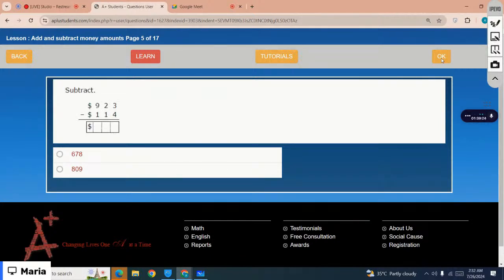Okay, the next one is 923 minus 114. So which is the correct option?